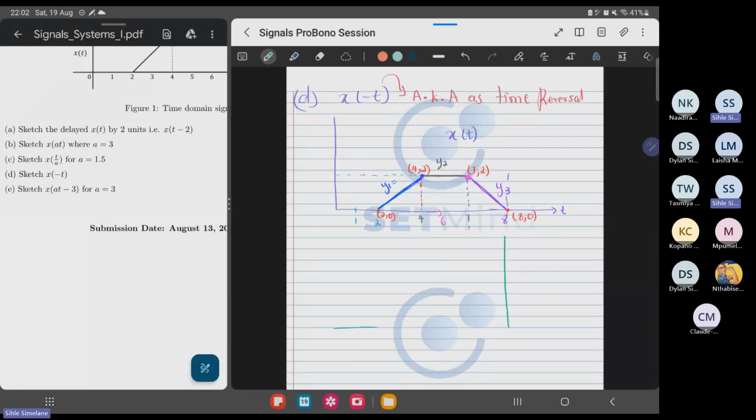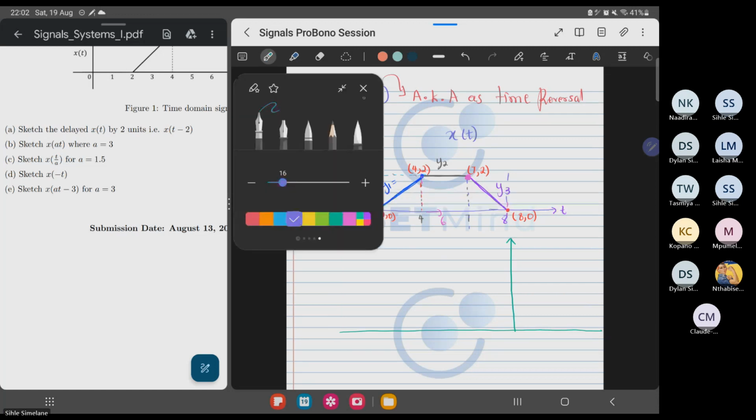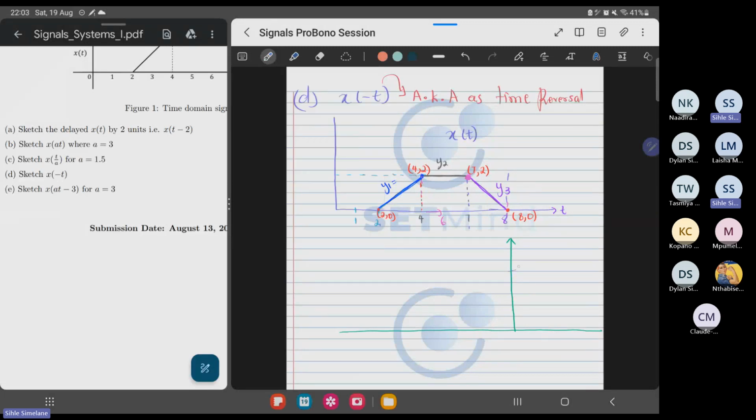It will obviously lean towards that side, so let me push it like this. And then let's quickly see. When I multiply, for example, this point, the y value, remember, does not change. So I'm going to put my 2 somewhere here.